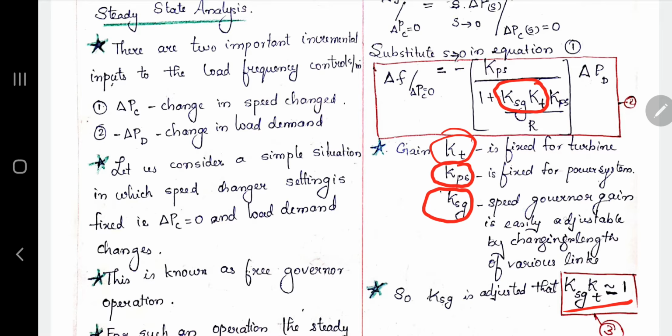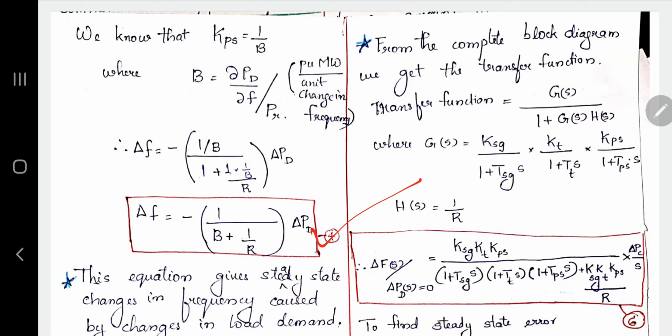Okay, now delta F can be represented as minus 1 by B divided by 1 plus 1 by B into 1 by R. You just substitute it and you can find the equation for delta F like this. So this is equation 4, which is one of the important equations, and this shows the change in frequency when there is only a change in the load demand.